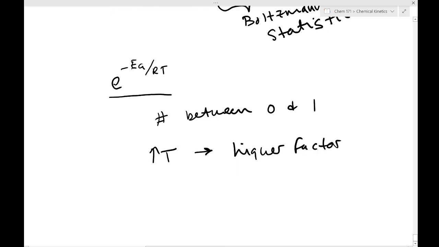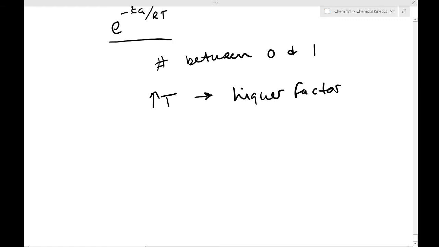Okay, the higher the number of things that can get over the curve. And this makes sense. They have more thermal energy available to them. And if we look at the distribution of the exponential factor, here we have 1.0 and 0.0 at the very bottom.